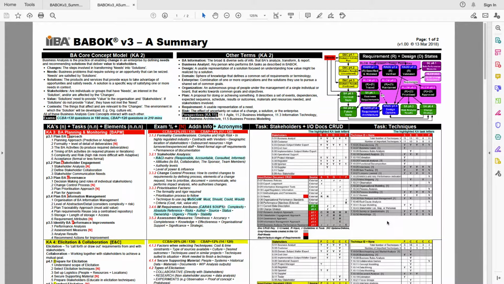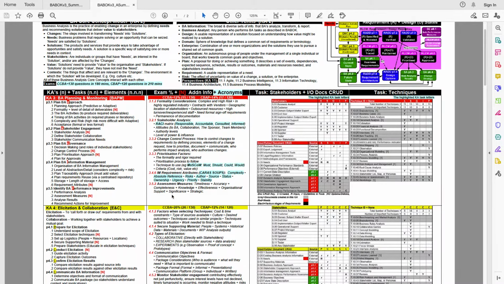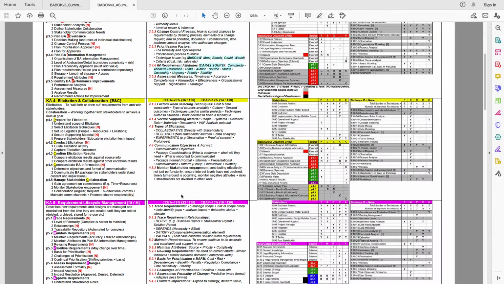And the reason why that's important is because when you write your exam, there are questions around particular descriptions, so you do need to know that level of detail. Not for everything, but just around the descriptions. So as you can see, in each of these areas, it then goes into the next chapter with a different color code.